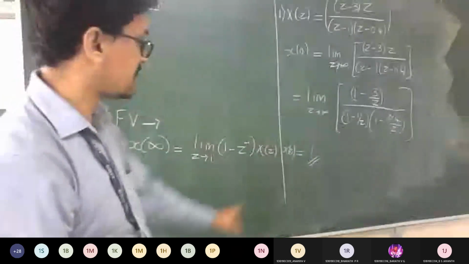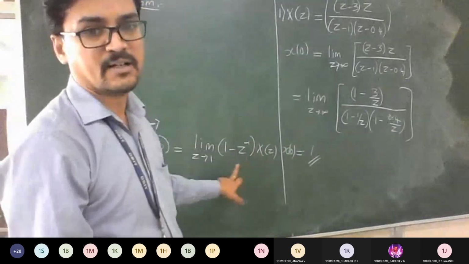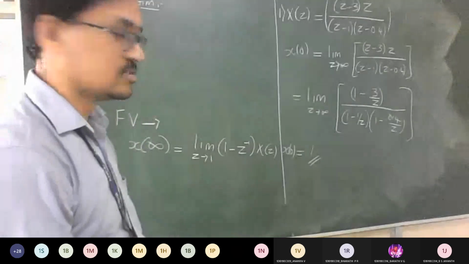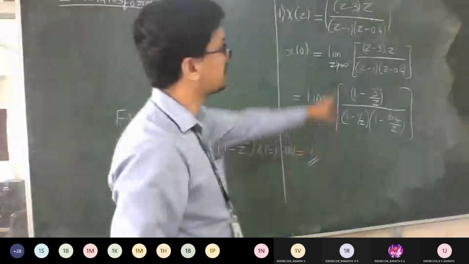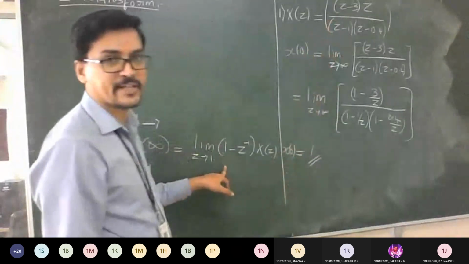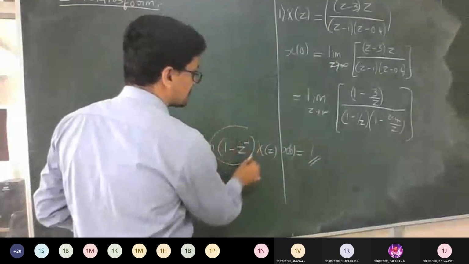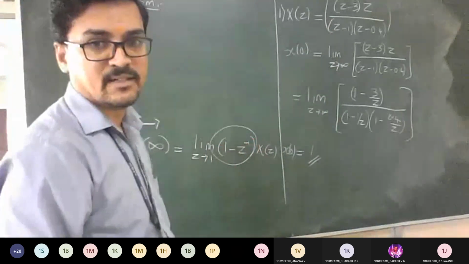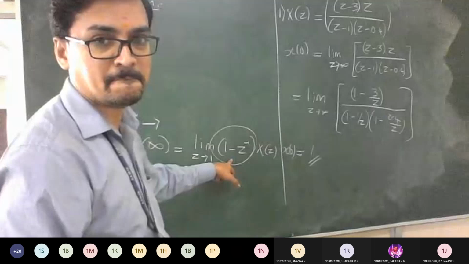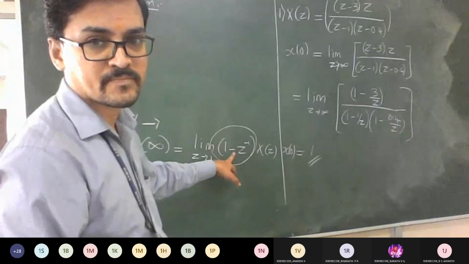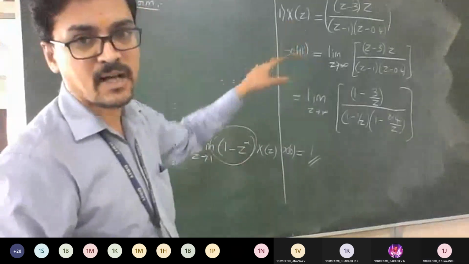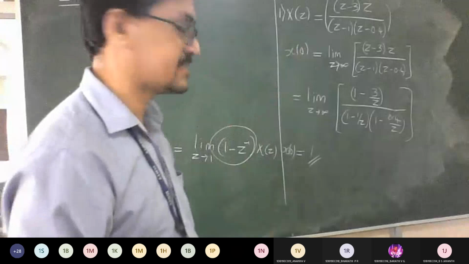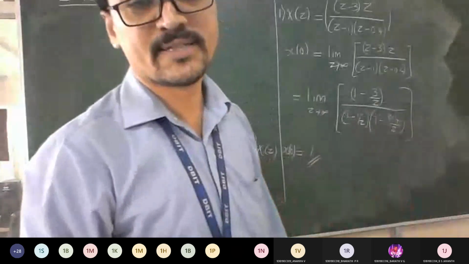Whatever X(z) is, you just multiply it by this term. Since this is in the form of inverse, how can I convert this in the form of z? Nothing but z minus 1 by z. Then apply the limit as z tends to 1 to that term.